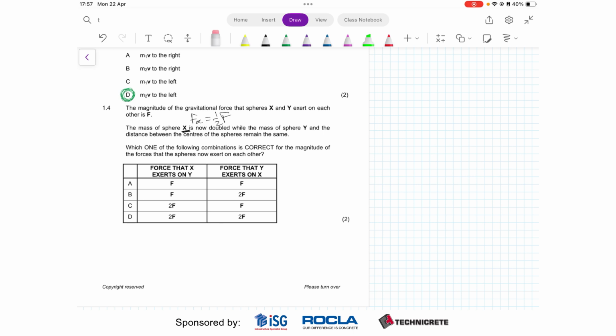But if the mass of sphere Y is in this case halved, that means the force then doubles. That means our answer is thus D.